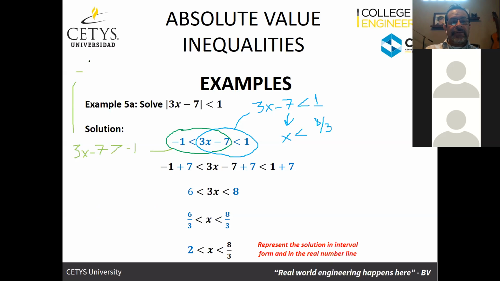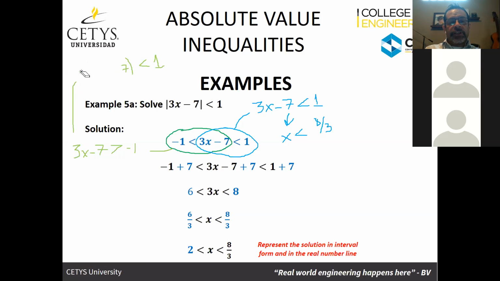The negative 3x minus 7 would be less than 1, okay? And so once we do any of these, okay, we can do the solution to the problem.